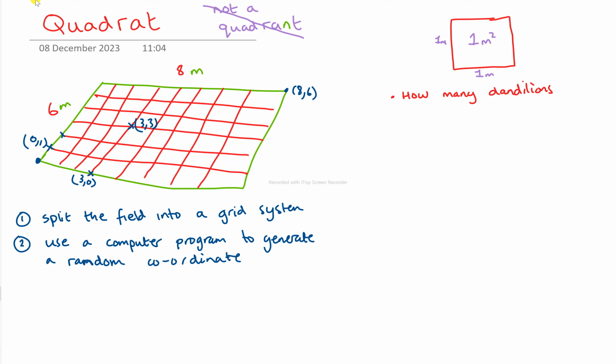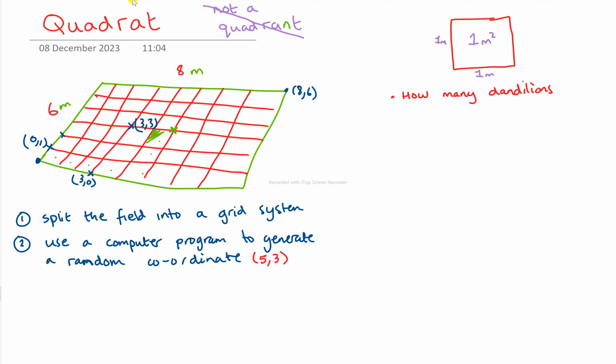So for example, my computer's generated grid 5, 3. So I'm going to go to 5, 1, 2, 3, 4, 5, and then I'm going to go 1, 2, 3. So this here is my random grid.